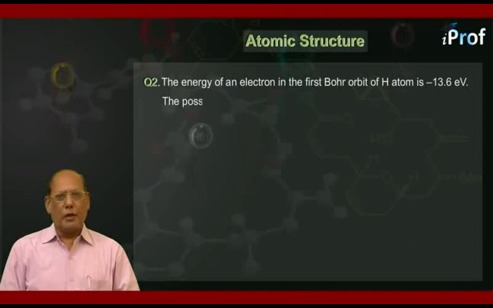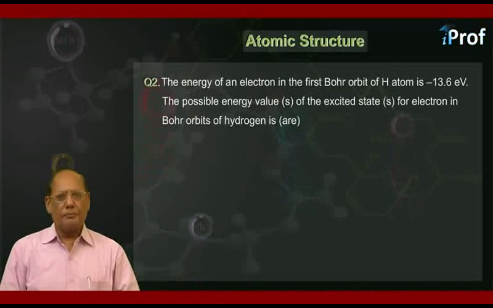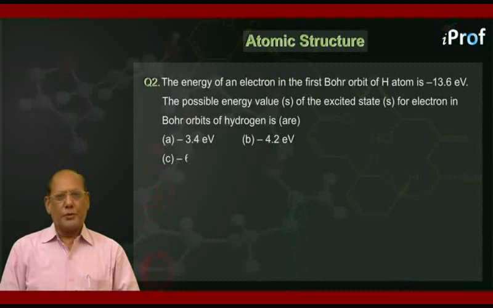The possible energy value or values of the excited state or states for electron in Bohr orbits of hydrogen is/are: A, minus 3.4 electron volt; B, minus 4.2 electron volt; C, minus 6.8 electron volt; and D, plus 6.8 electron volt.